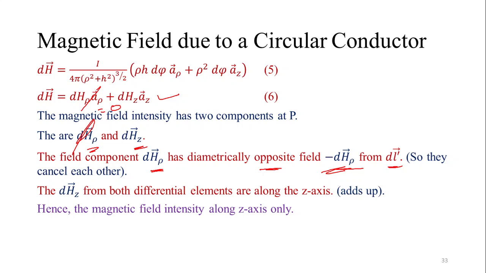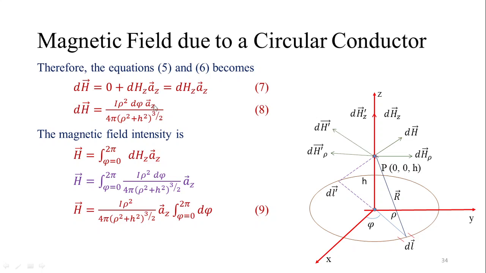And here you will have one from the dl element, another one from dl dash, so you will have two components add up at the observation point. Okay, so dH is 0 plus dHz az, that is dHz az. Okay, so dHz is I rho square d phi az by 4 pi into rho square plus z square power 3 by 2.